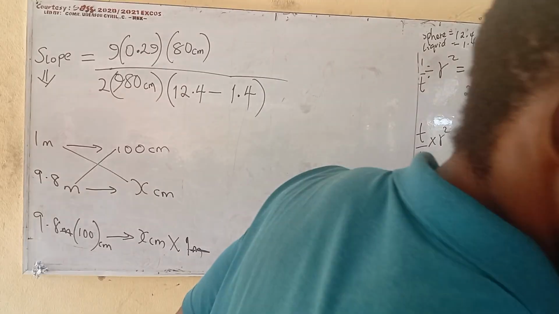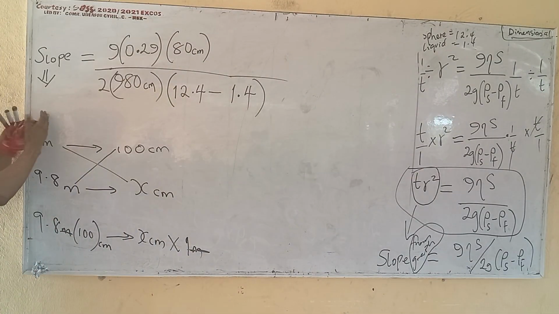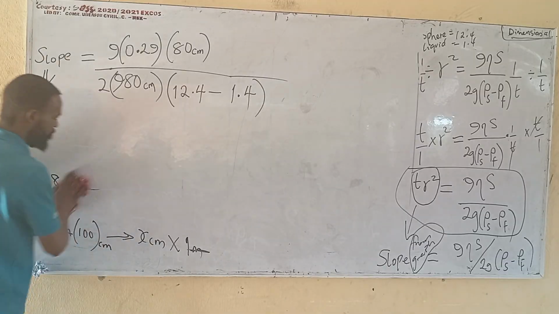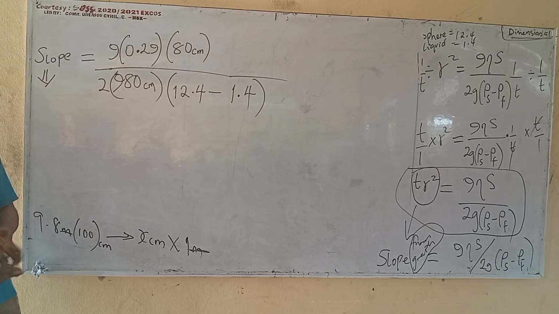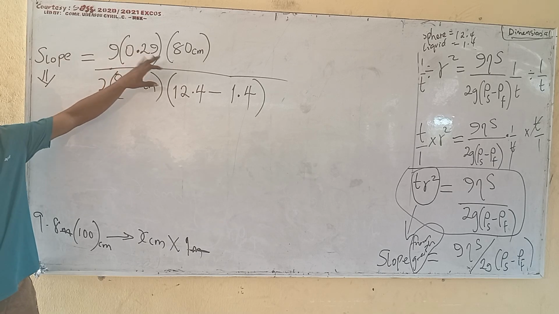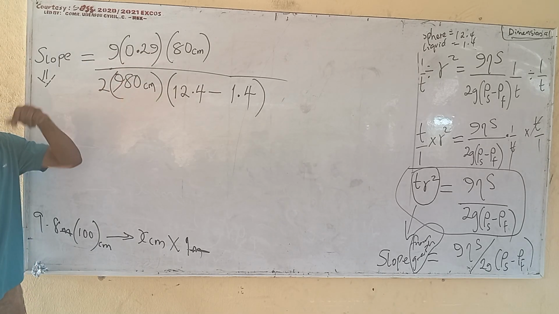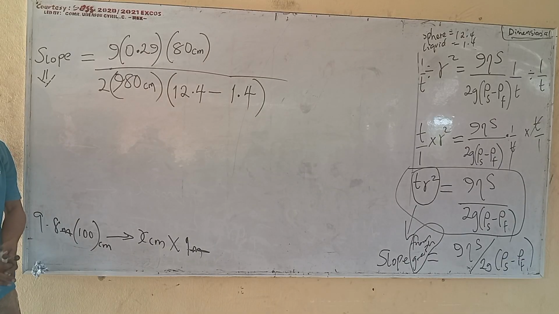Whatever you have as your slope, I don't know it, but what I want is that this is the same thing as your slope. If the slope from your graph is far from what you have here, that means something is wrong with your graph. That is the summary of what I'm saying.